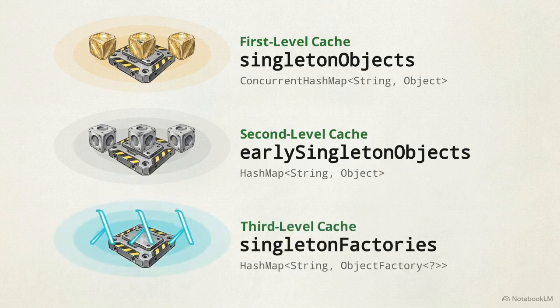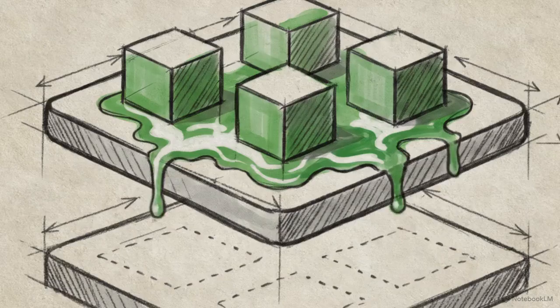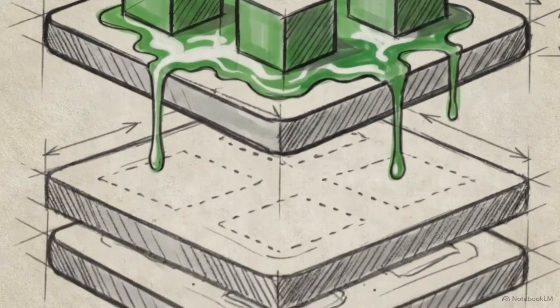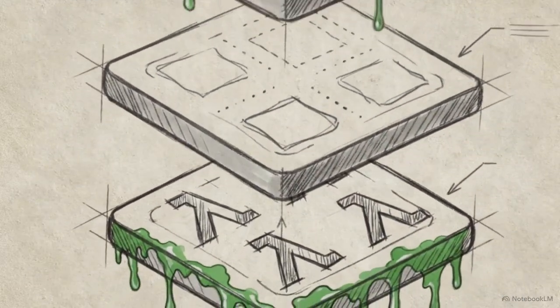The third level cache is singleton factories. It holds lightweight object factory lambda references. These factories wrap the raw object immediately after memory allocation, allowing the container to perform early AOP proxy checks if a circular reference is detected. By segmenting Bean states across these three tiers, the framework can pause and resolve dependencies between partially constructed objects.